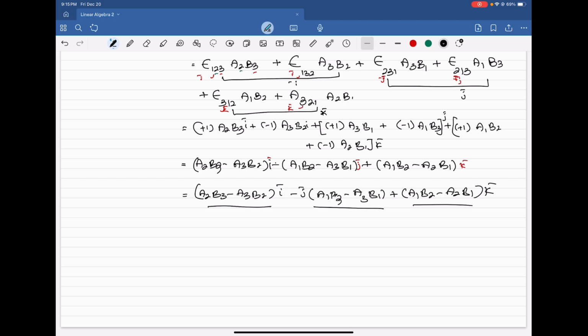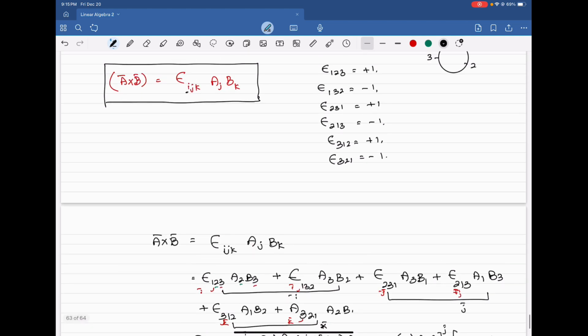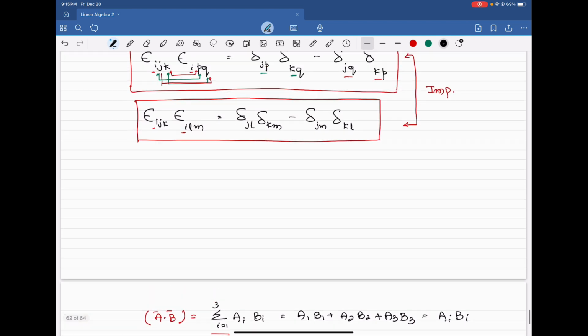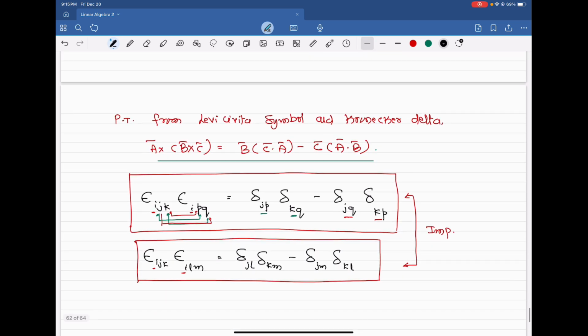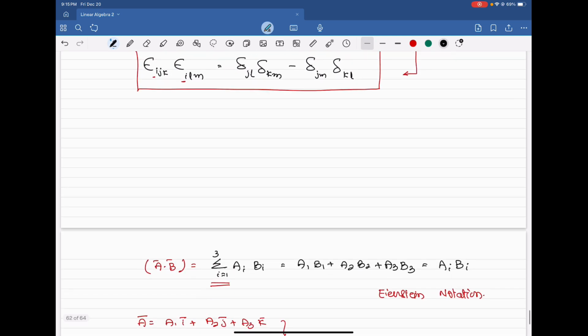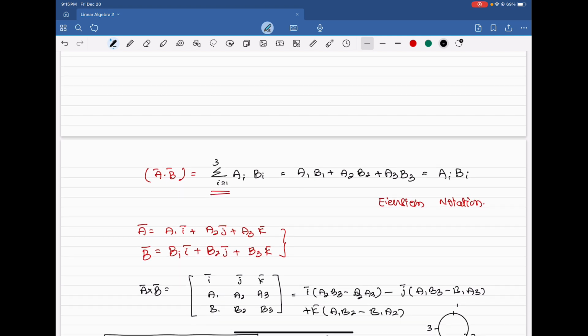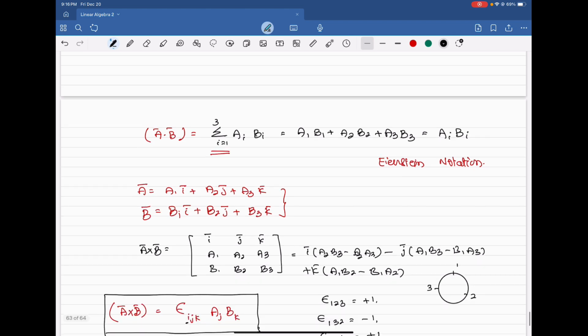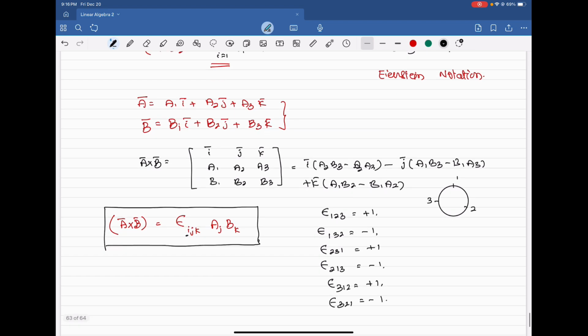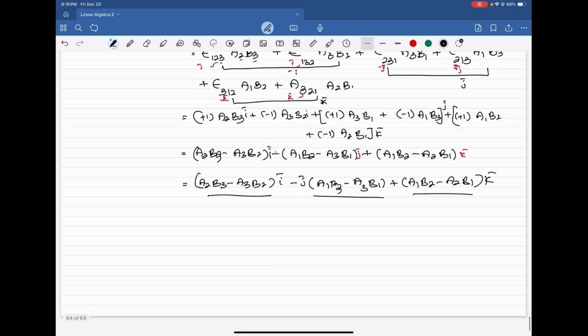But if the relation is like this, as I told you, A cross B cross C, here we have checked up.